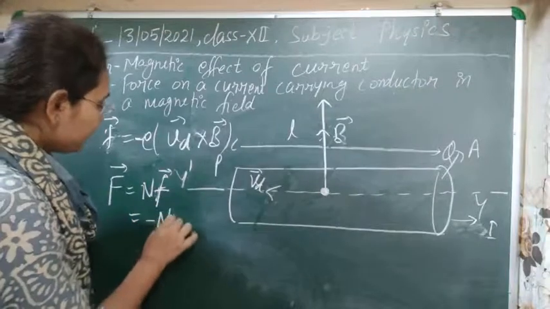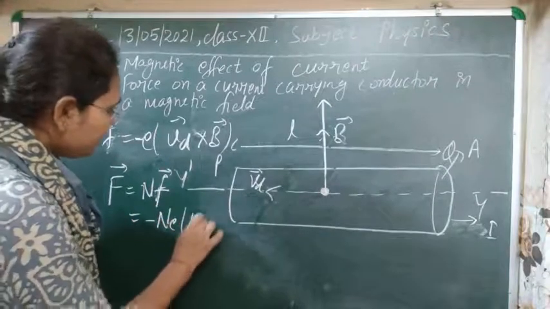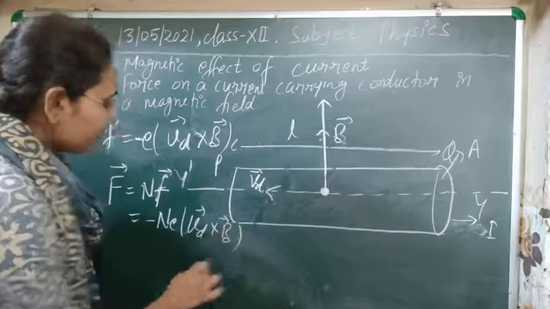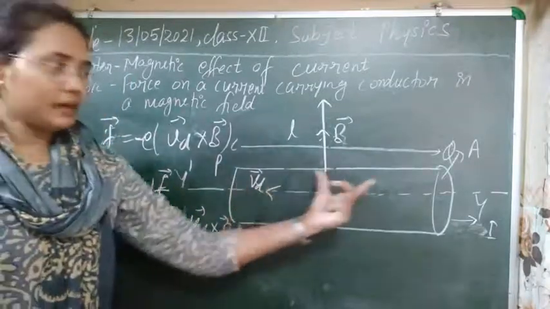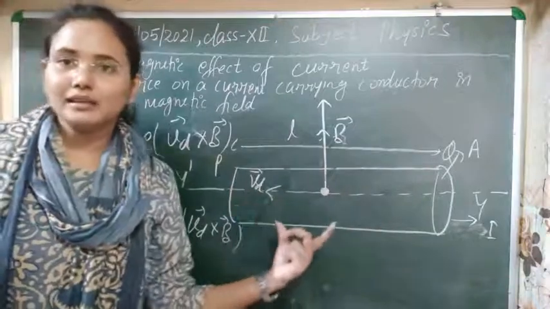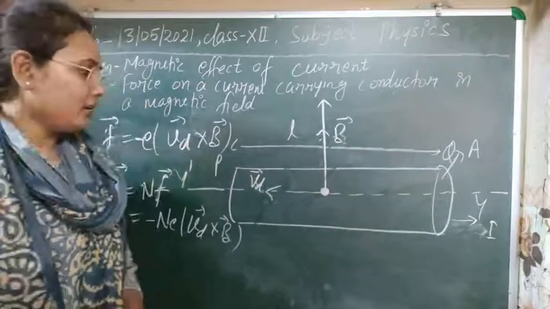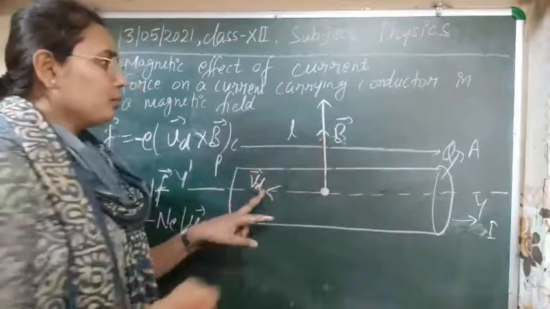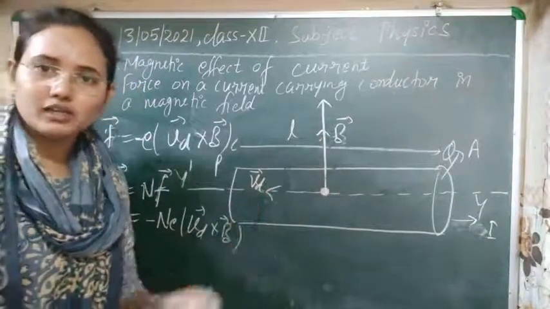This can be written as minus ne Vd cross B. This is the final force experienced by this whole conductor, and the direction of force will be perpendicular to both the magnetic field and the velocity vector.